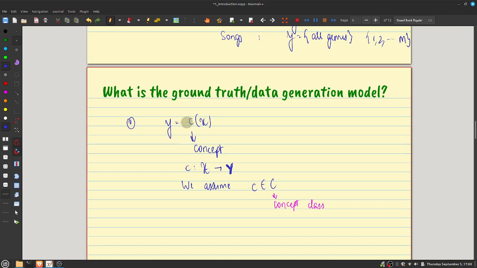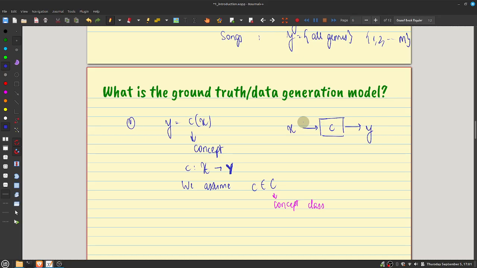So you think of the ground truth as a black box that takes as input an instance and outputs a label. How it produces the label is unknown to us. There is some black box.